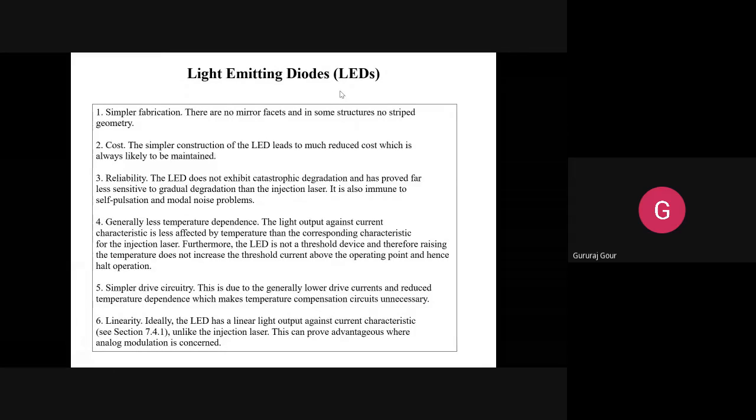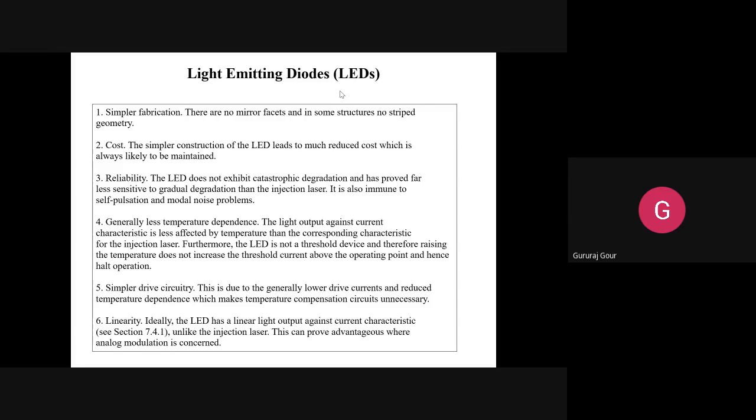As far as the structure is concerned between LED and laser, because of that reason there is no sudden fall in the production or destruction of the LED when you are going to manufacture it.